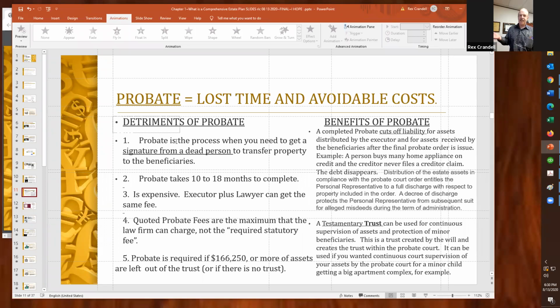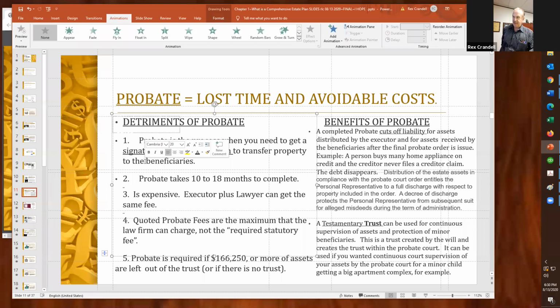If you ever need to get a decision from a dead person, probate is your legal procedure, because the state of California only trusts impartial, responsible people to sign for a dead person, and that would be the judge of the probate department of Superior Court. As I mentioned, it usually takes 10 to 18 months, if not longer. It's expensive, and the executor gets a fee, and so does the attorney representing the executor.